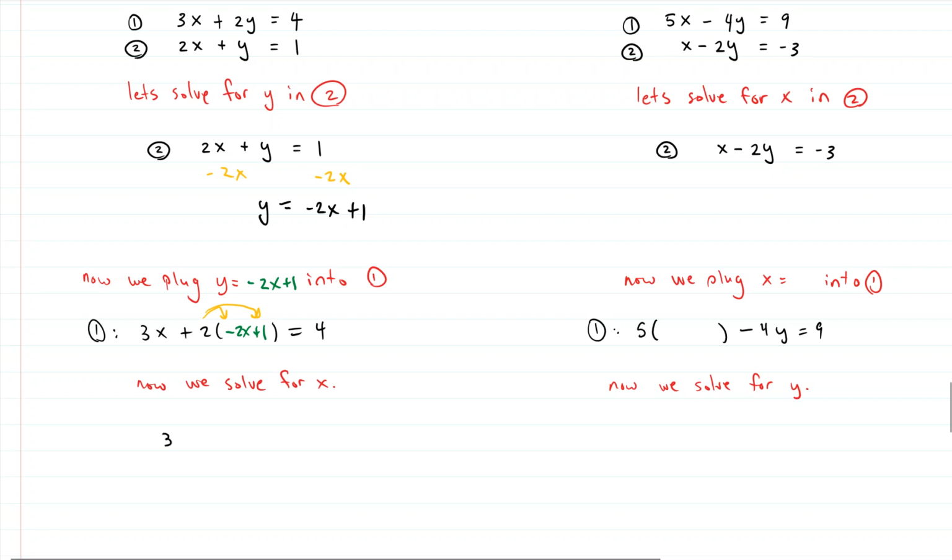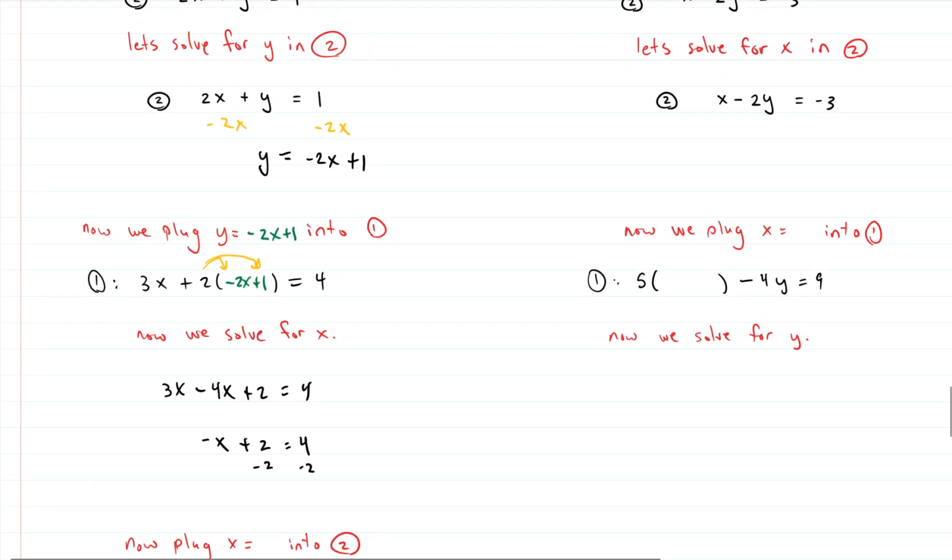We have 3x plus 2 times negative 2x is negative 4x. And 2 times 1 is 2 equals 4. We have the 3 and the negative 4x give us negative x, plus 2 equals 4. If we subtract 2 from both sides, that gives us what?